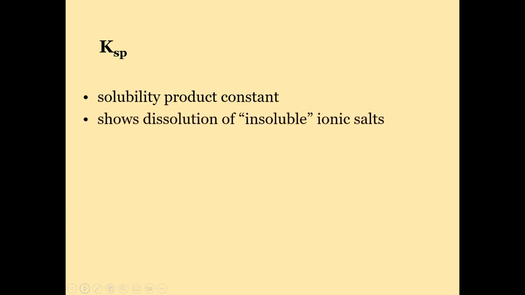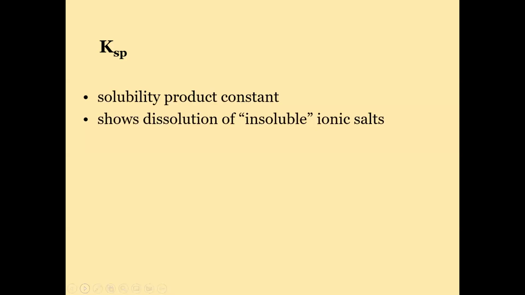All right, so today we're going to be looking at KSP. This looks at how soluble different ionic salts are overall. So the KSP is the solubility product constant. So it looks at how soluble substances are.